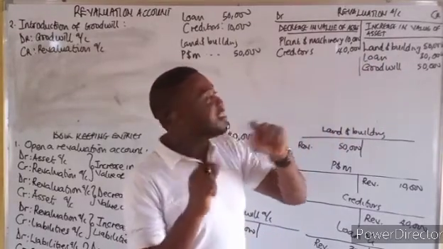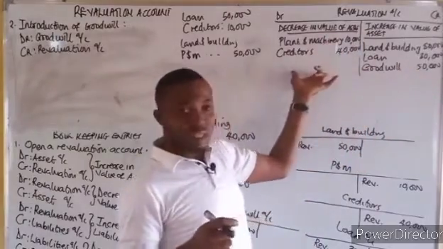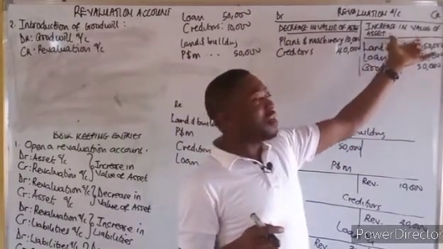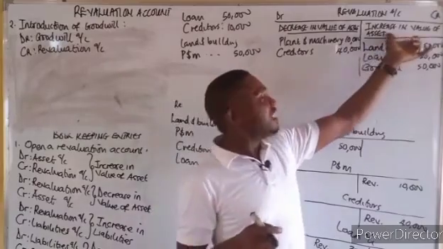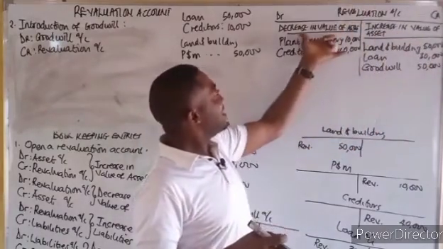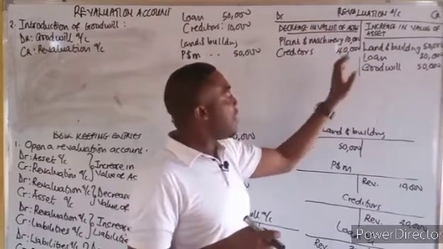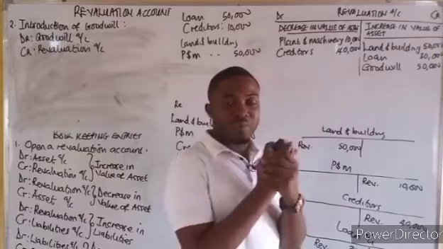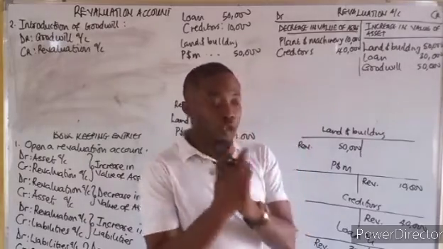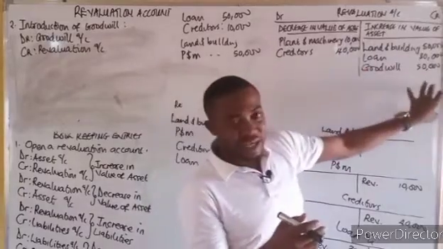Because when the increase in value of assets or the decrease in liability is greater than the decrease in value of assets or increase in liability, it means there's profit. And there's also loss when the reverse is the case, that is when here is greater than this.